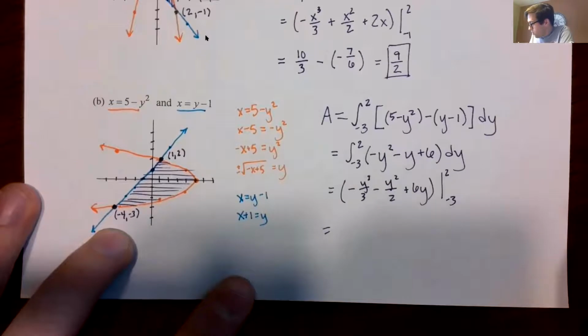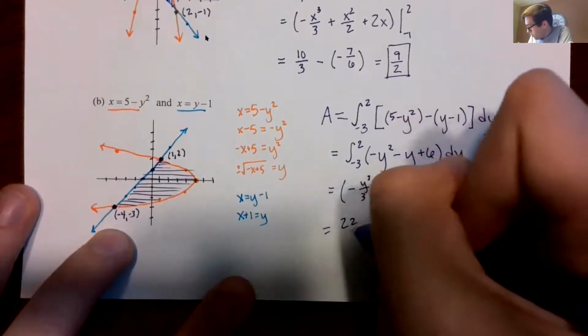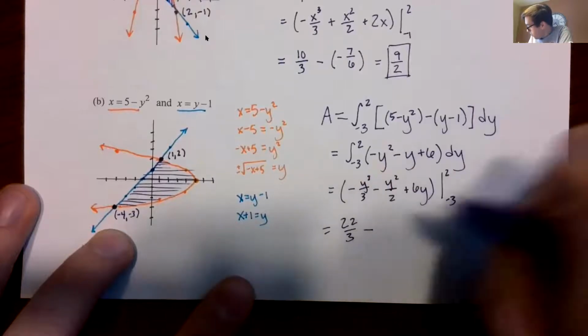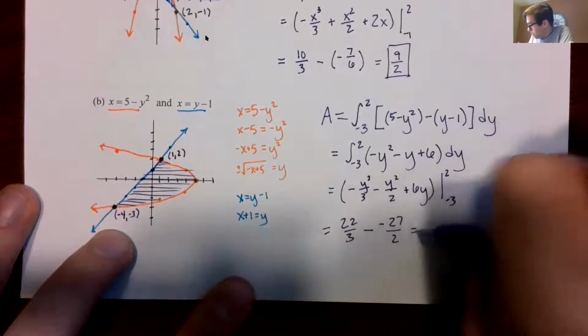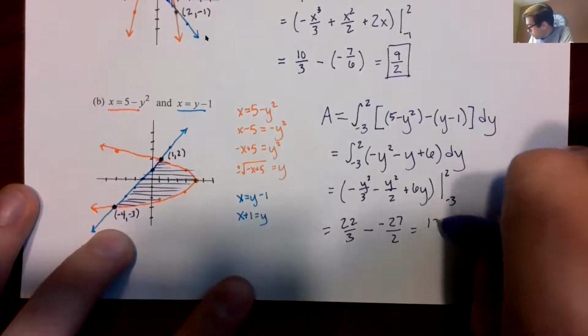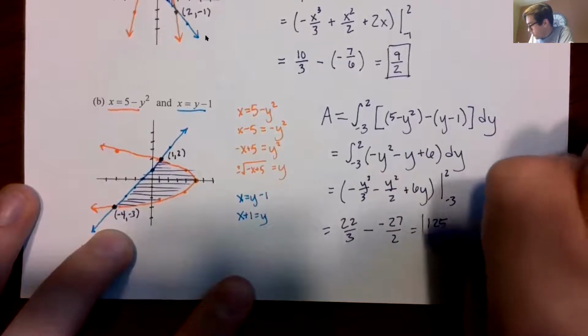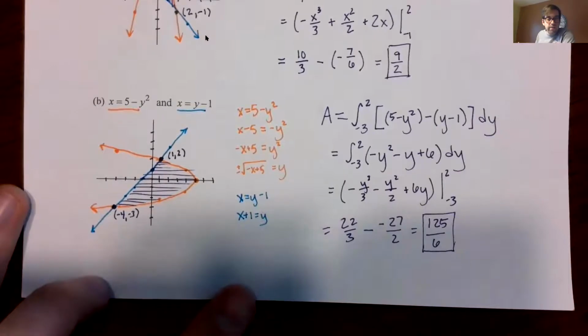So once you do that, when I plug in 2, I'm going to get 22 thirds. When I plug in negative 3, I'm going to get negative 27 halves. So you combine those fractions, and we're going to end up with 125 over 6. So that's the area of that purple region.